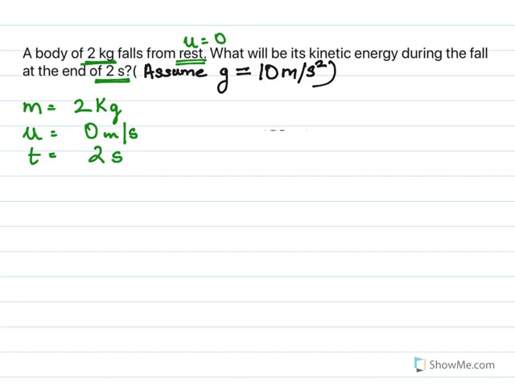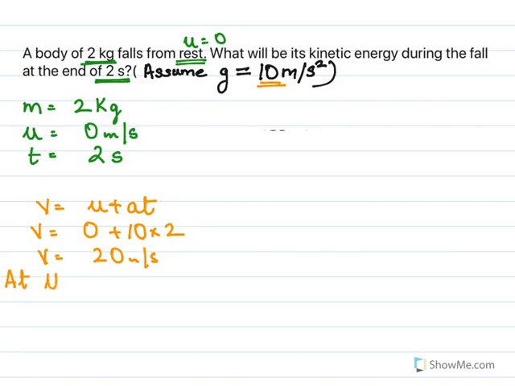We have to find the final velocity. To find the final velocity, we'll use the formula v equal to u plus at. Now v we need to find. The u we said it starts from rest, so u is 0. The a is given to us here 10, the acceleration due to gravity, and the time is 2. So v is 20 meter per second.